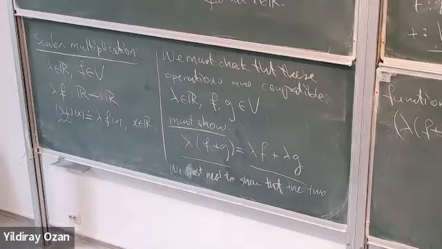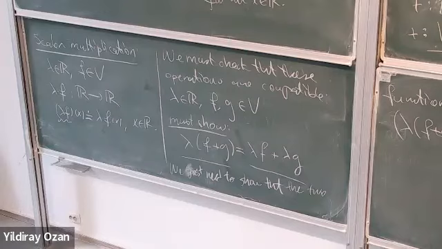And then we have what? Now this is a real number, this is another real number, and this is another real number. You know how to open this up. You know this from elementary school, right? This is just lambda times f of x plus lambda times g of x. And then again I use the definition of scalar multiplication of a function by a scalar.